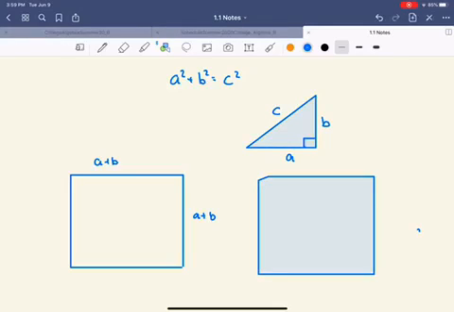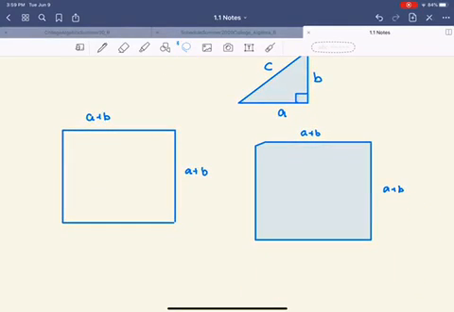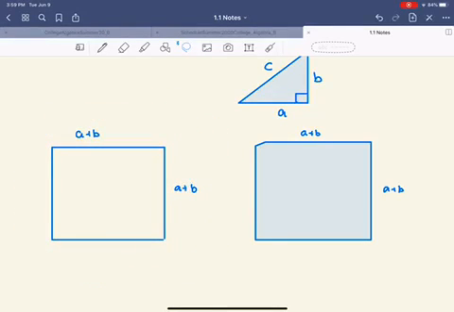Bad square, but oh well. Also going to have sides A plus B. Okay, we're going to split this up two ways.